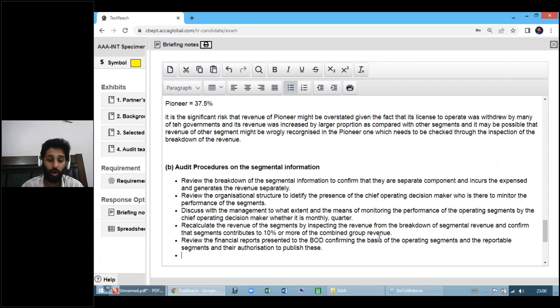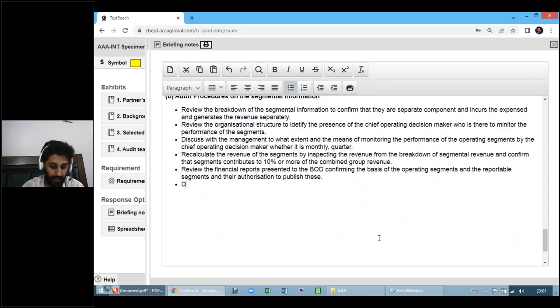You should also discuss with the management whether the reportable segments were separately disclosed.